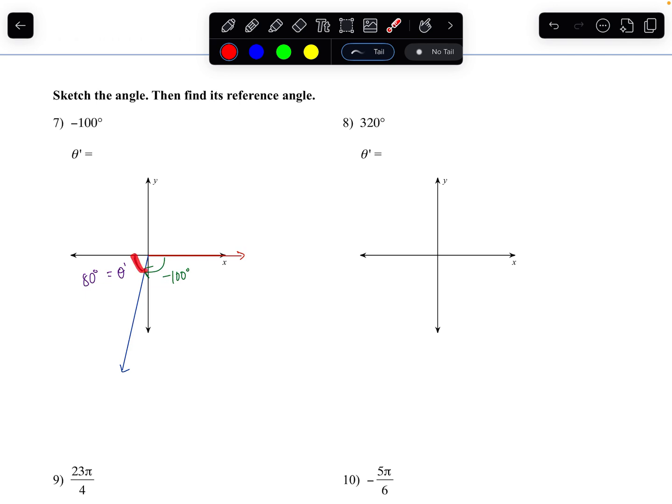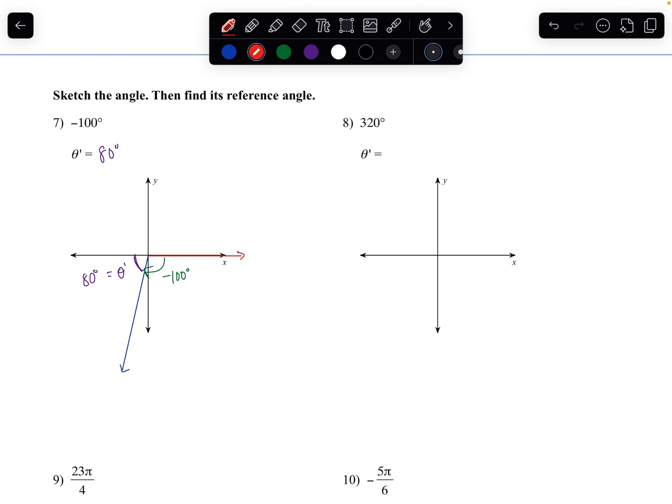If I'm measuring to the x-axis from here, I know that a complete rotation would be 180 degrees. And so I only went 100, so an additional 80 degrees would get me to the x-axis. So our reference angle is 80 degrees.